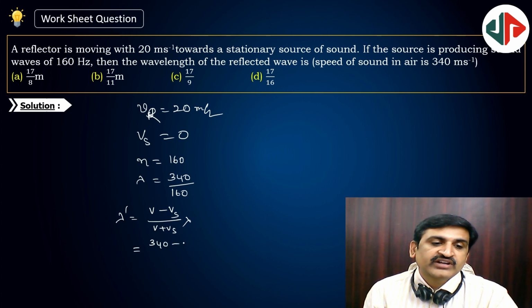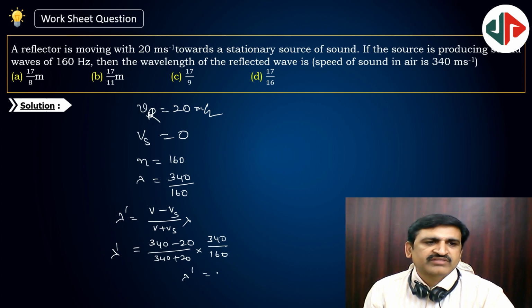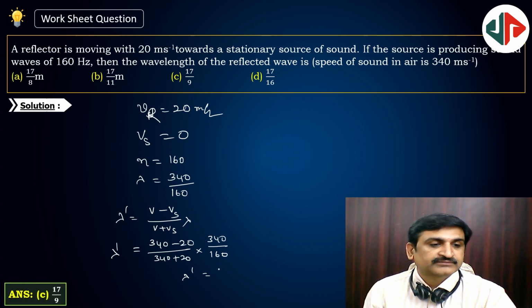This is 340 minus 20 by 340 plus 20 into V by n, that is 340 by 160. This is lambda dash, so lambda dash is some 17 by 9. You can check it up. This is the formula.